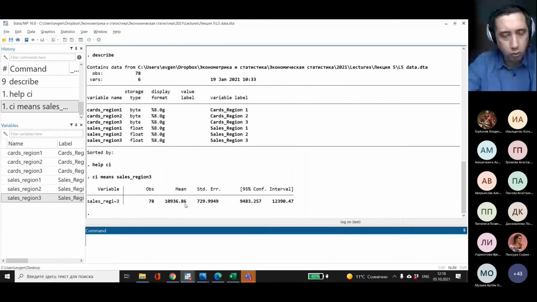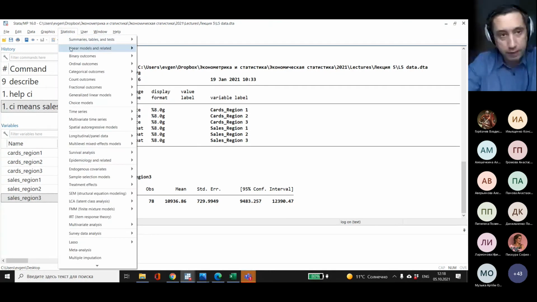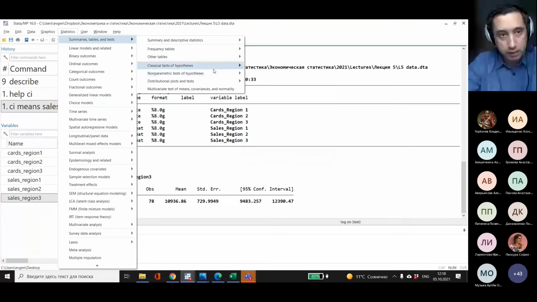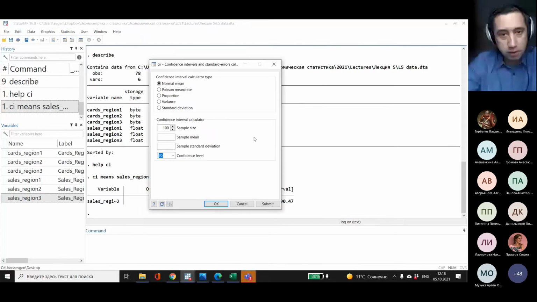What we have here, look, we have sample size, we have mean, standard error. We discussed it today, right? And the confidence interval. So the population mean lies inside this interval with 95% confidence. Another way to calculate the confidence interval, let me show you, is normal mean.